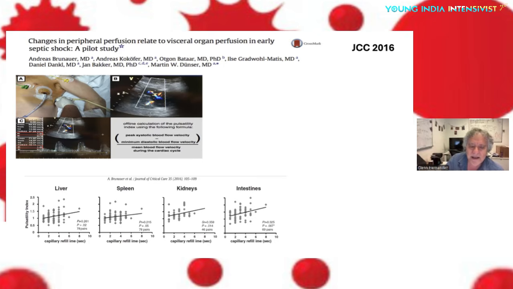And this was nicely demonstrated in this study by Brunauer with a Doppler of 4 major intra-abdominal arteries in parallel with assessment of capillary refill time and mottling, etc.